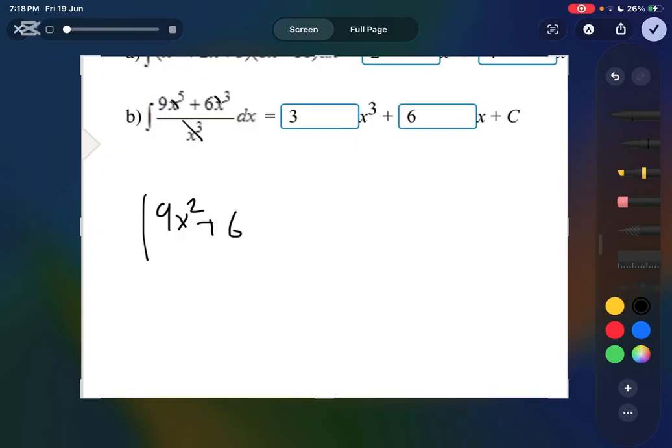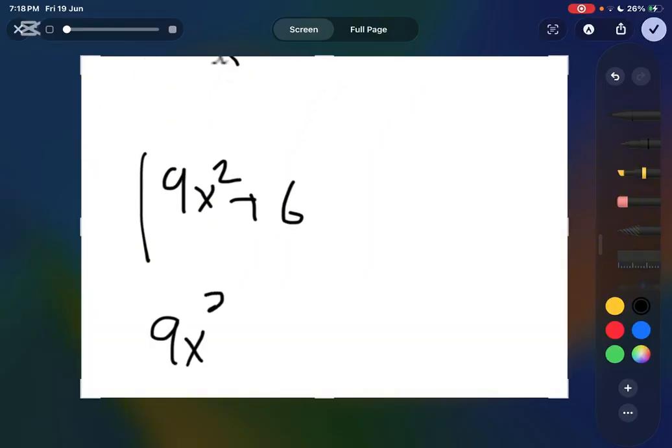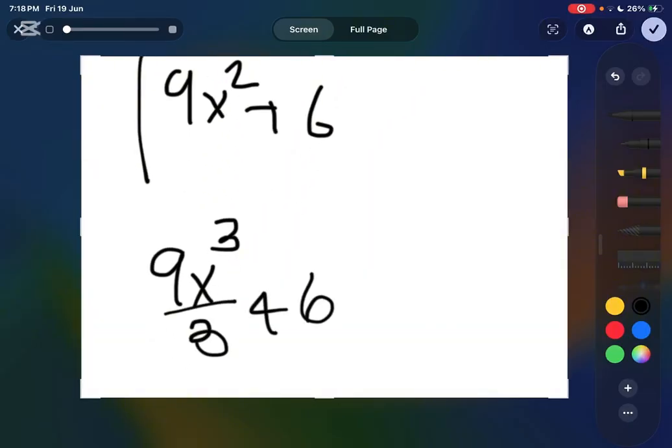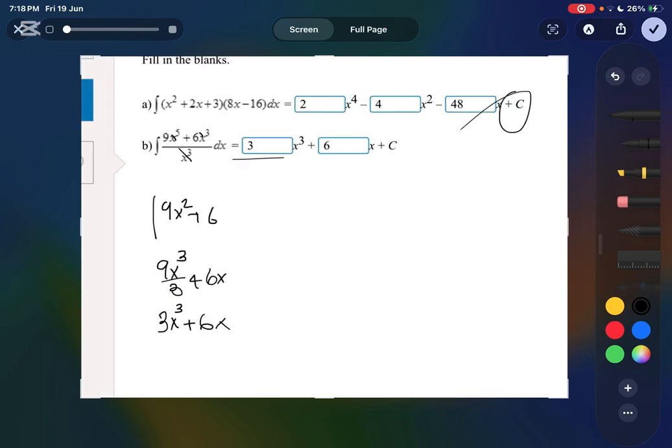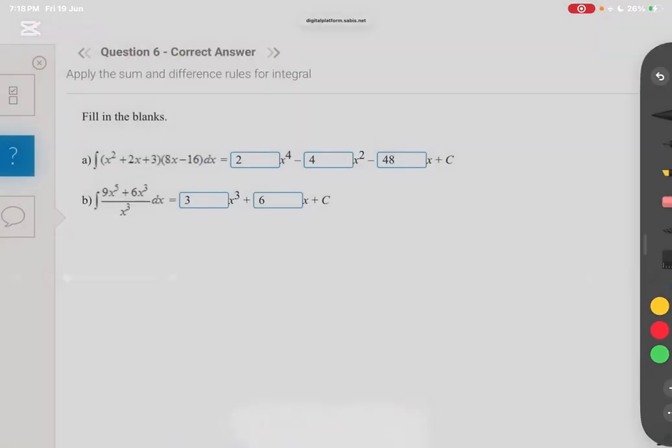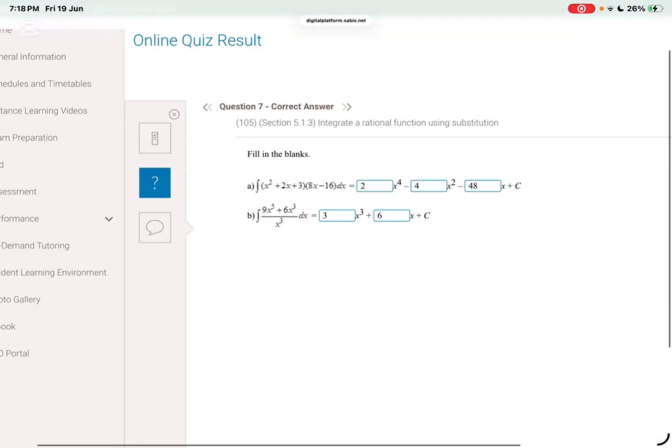So now you do the antiderivative, which is 9x^3 over 3 plus 6x. So it becomes 3x^3 plus 6x plus c in the end. Okay, that is question number 6. Moving on to question number 7.